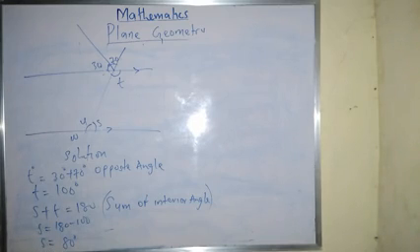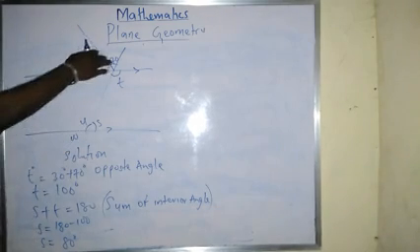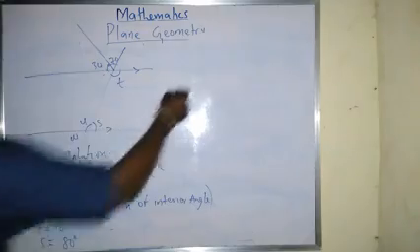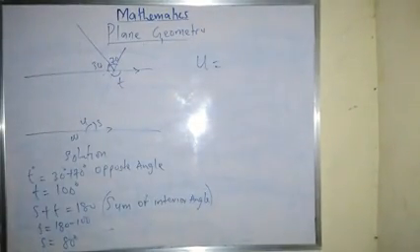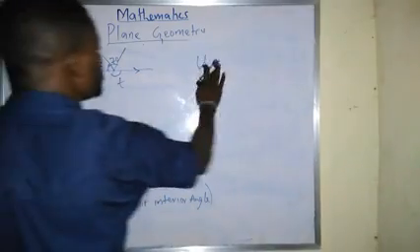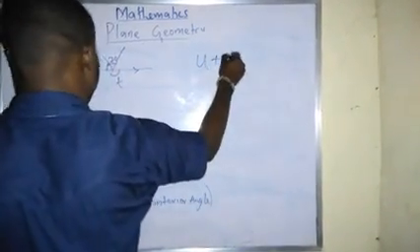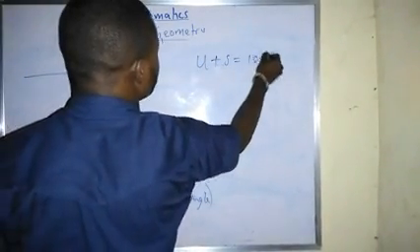Since I have my X, what again do I need to get here? With all this, I can generate this. This angle and this angle are the same. My U is equal to what? They are alternate to themselves. But I can also say that U plus X equals 180 degrees.